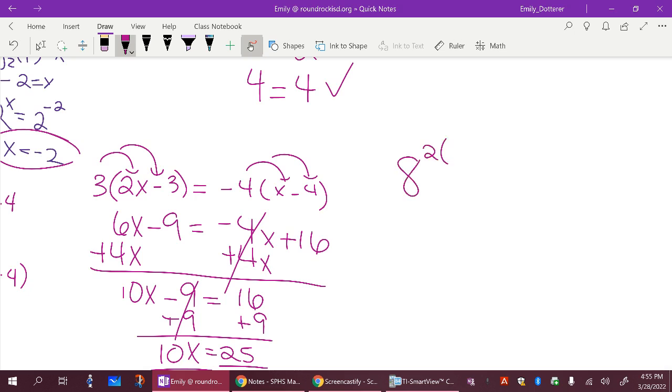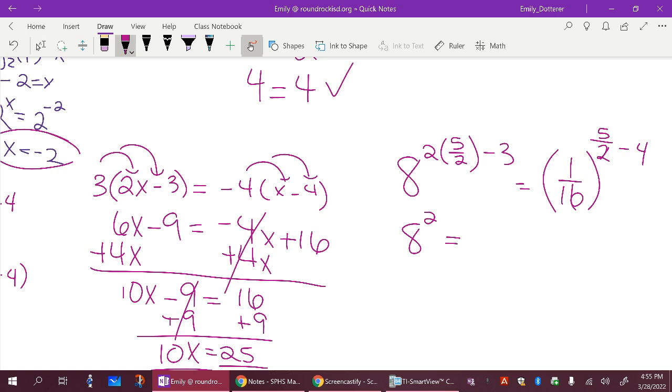So that's 8 to the 2 times 5 halves minus 3 equals 1 over 16, 6 to the 5 halves minus 4. 2 times 5 halves is 5, minus 3 is 2. And then 5 halves minus 8 halves.